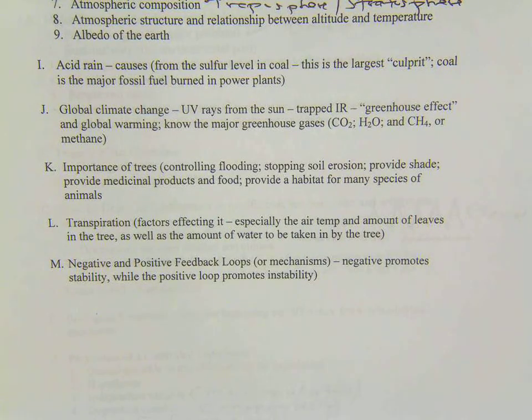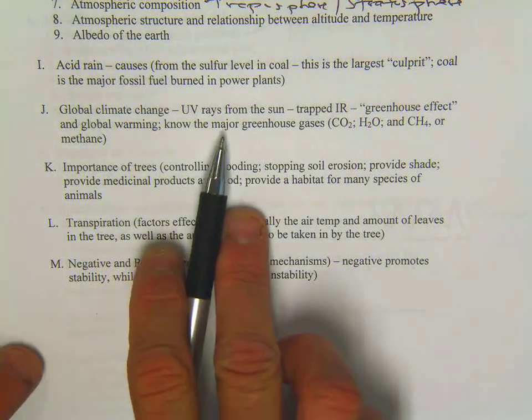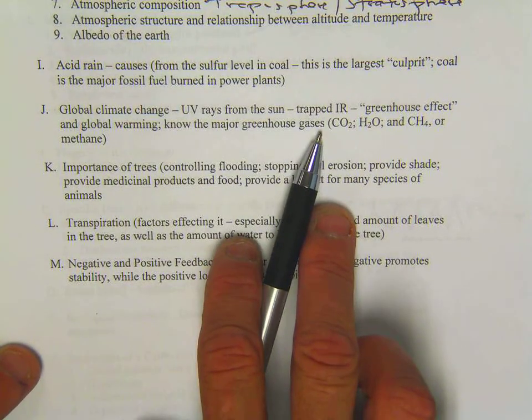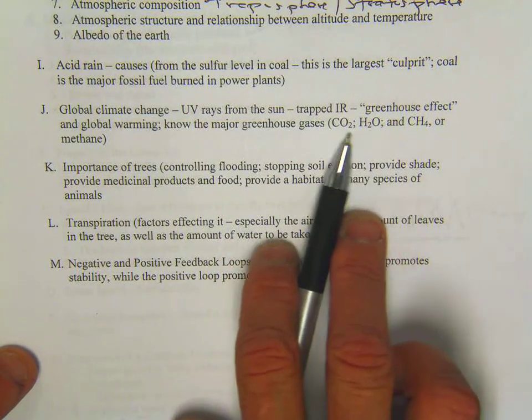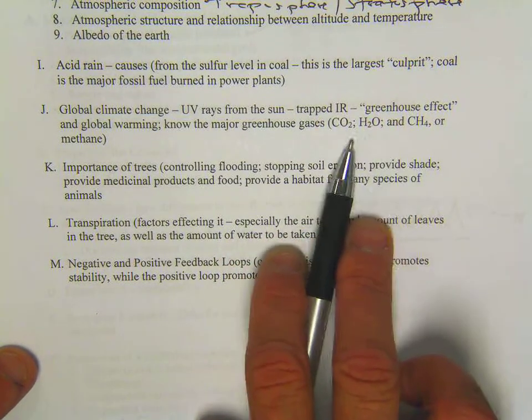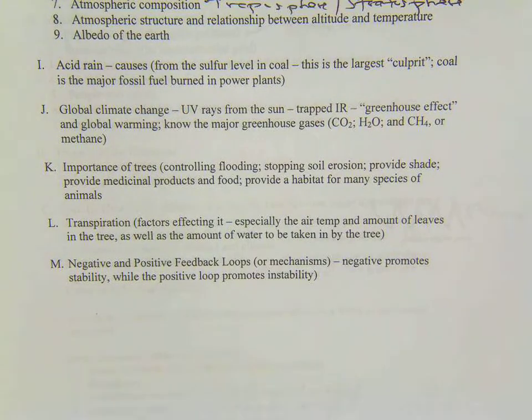The fear is that greenhouse gases are trapping this IR and causing the subsequent atmospheric temperature increases. I would know these 3 as the major greenhouse gases: CO2, H2O, and methane.